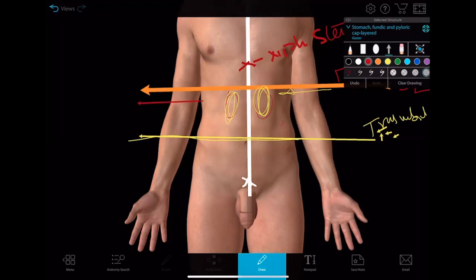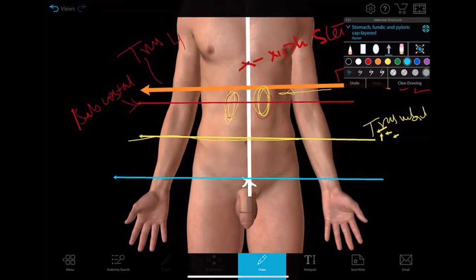Here is the subcostal plane. This one is subcostal plane. This is transpyloric. This is L1. Subcostal plane is L3, right? And there is another, that is transtubercular plane, right? That is at the L5.